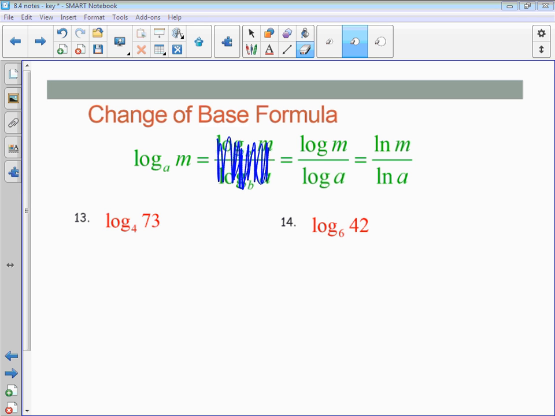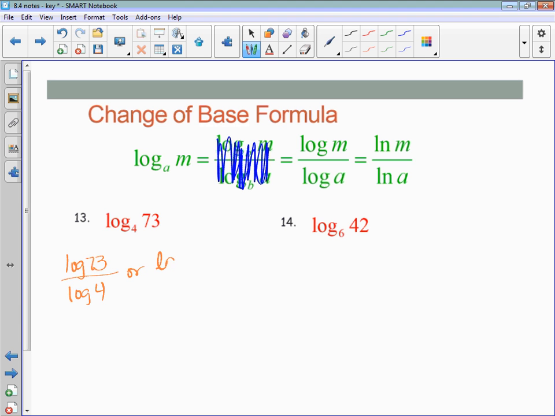I usually write it with natural logs because it's fewer letters, that's the only reason. It's just faster. So log base 4 of 73 is either the log of 73 over the log of 4, or the natural log of 73 over the natural log of 4. And that is it. I told you, it's pretty simple.